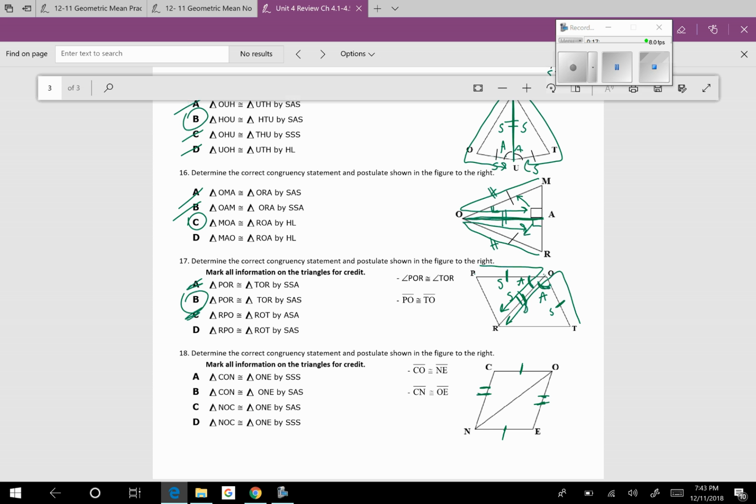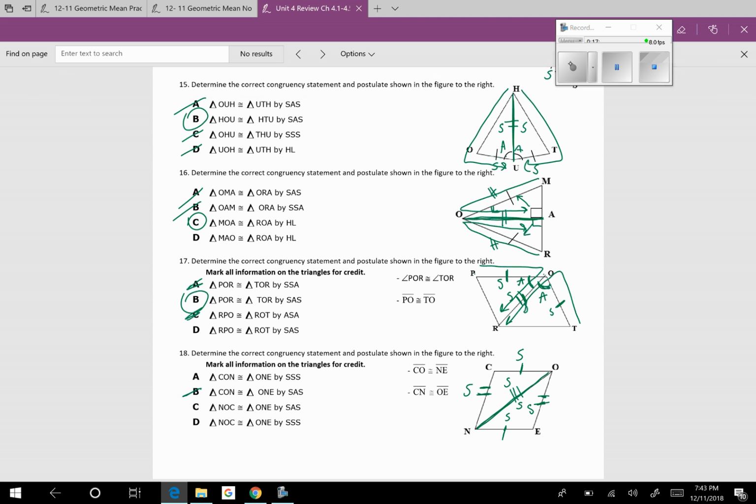Now, we don't know anything about these angles, so we can't mark any of them congruent, but this side that they share in the middle, we know that that is for sure congruent. So that will get 3 tick marks. So we have side, side, side. So these 2 triangles are congruent by side, side, side.